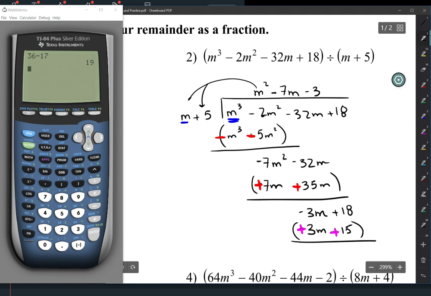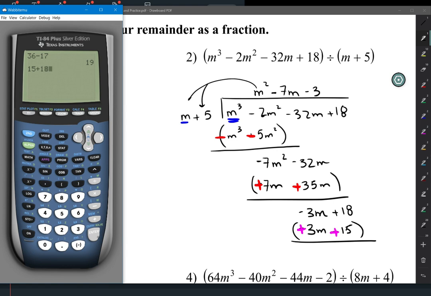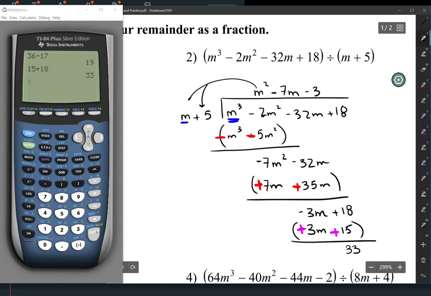And then 18 plus 15 is going to be 33. And there's your remainder. So the answer, all that hard work: m squared minus 7m minus 3, and this time plus 33 over what we started with, m plus 5.